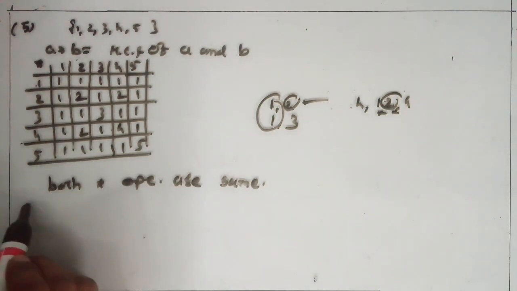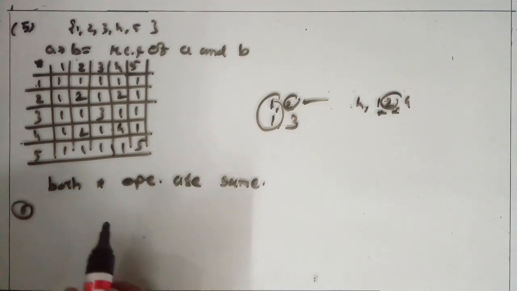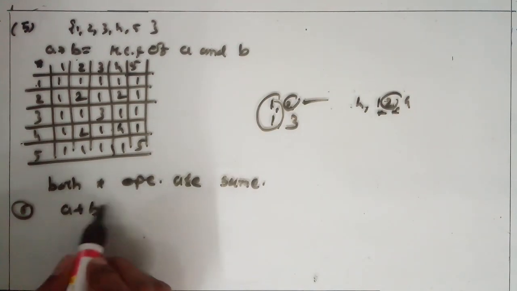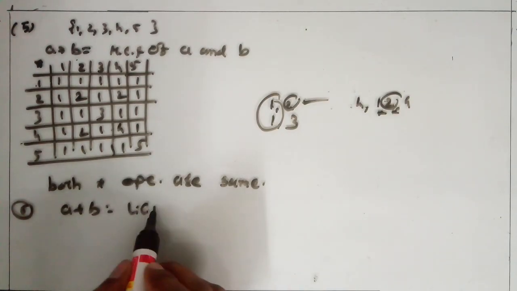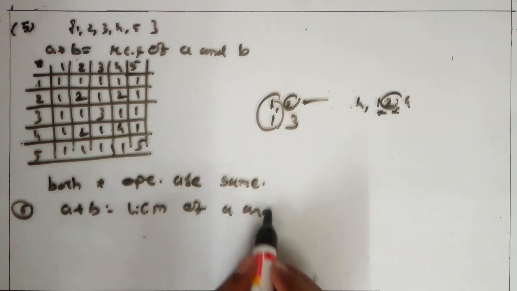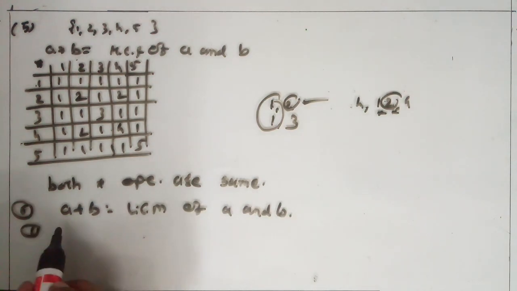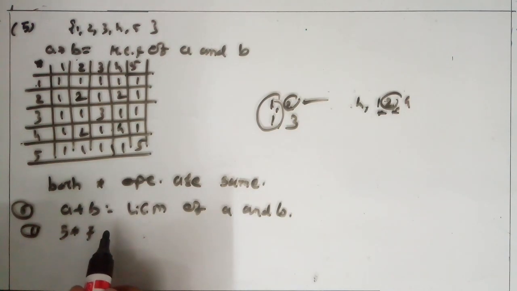Now question number 6. Let star be a binary operation on N given by A star B is equal to the LCM of A and B. Find 5 star 7. Think how to find 5 star 7.